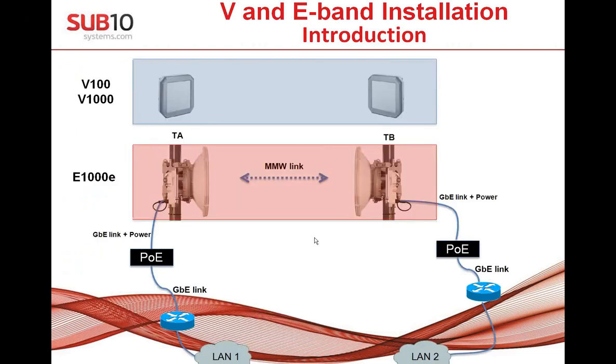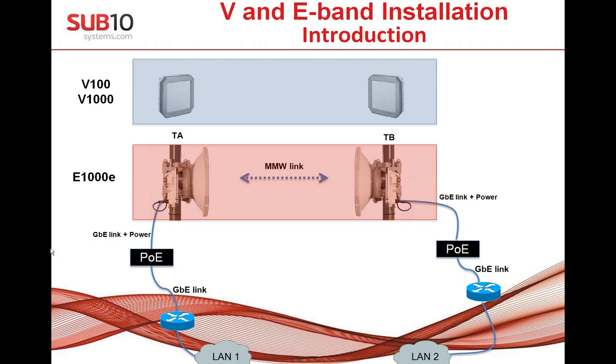Now more concretely, if we are speaking about a link, what is behind the link, to see all components, is on this picture. In blue, it's the V100 or V1000 system. In red, it's E1000E. The rest of the connection is the same.